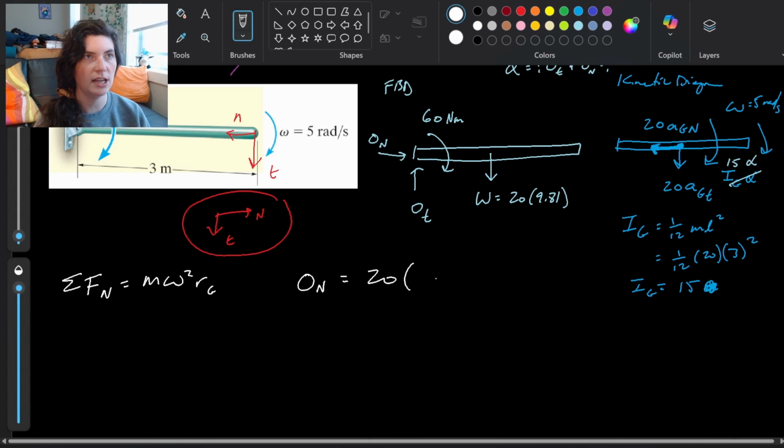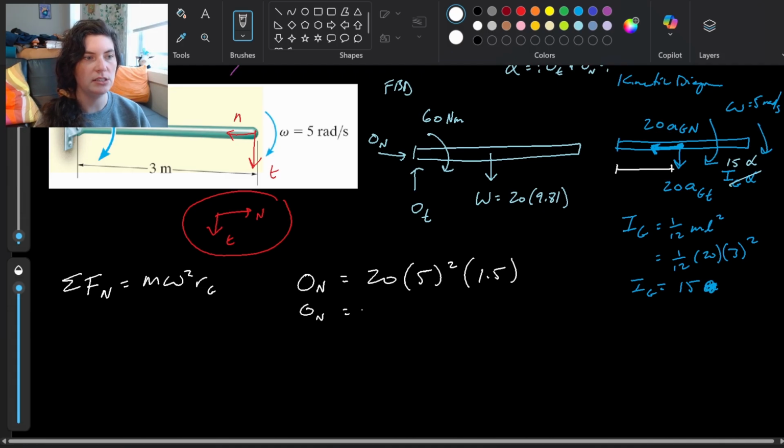20 times, and then I've kind of removed direction from this by having this omega squared. So omega squared, 5 squared, times r_G. And again, r_G is that distance from O to G, from where we're rotating about to G. So here it's half of 3, which is 1.5.